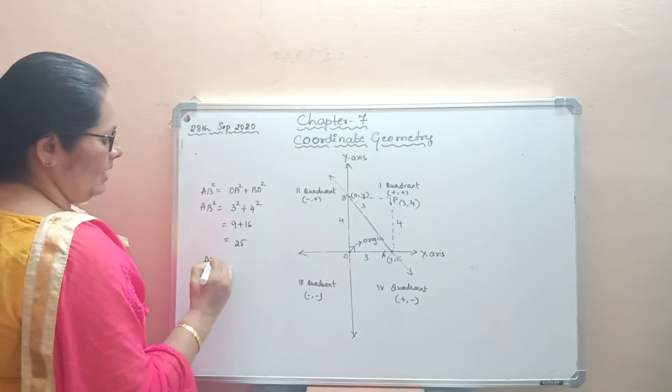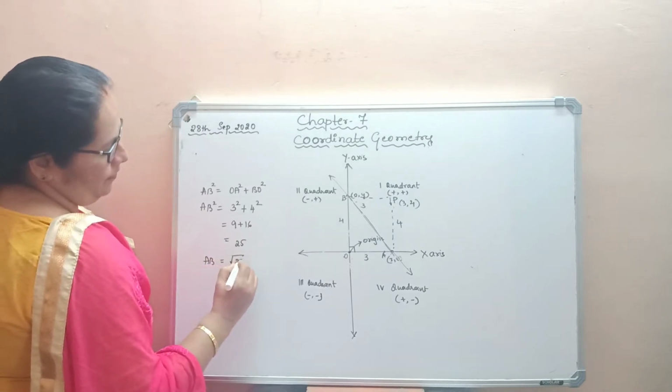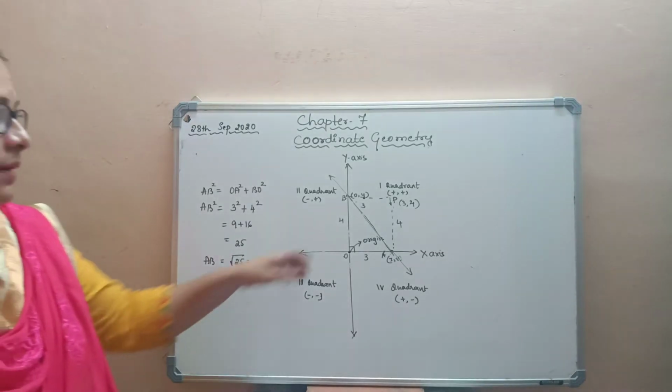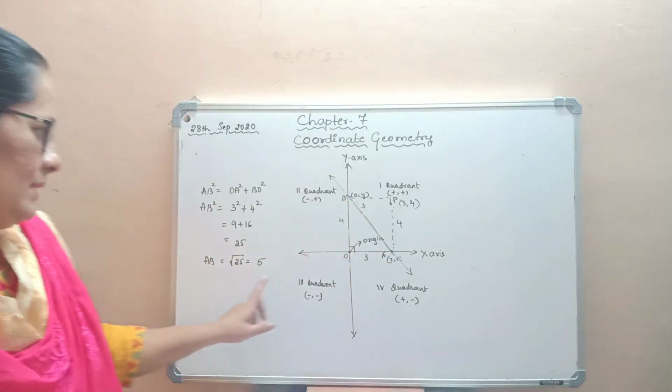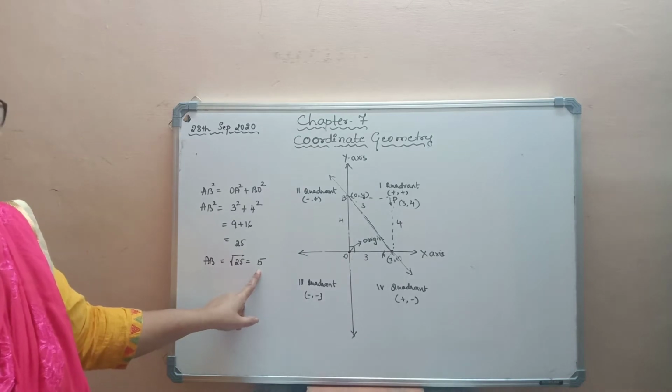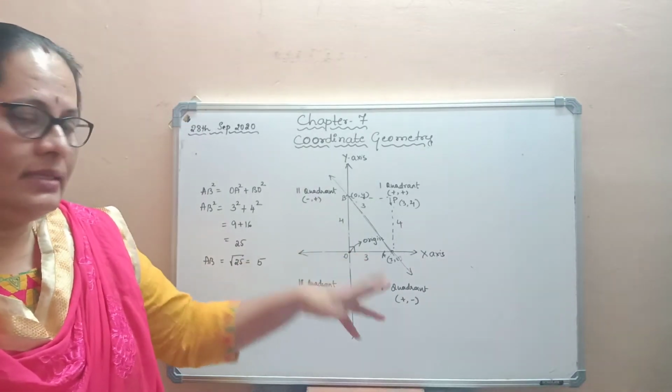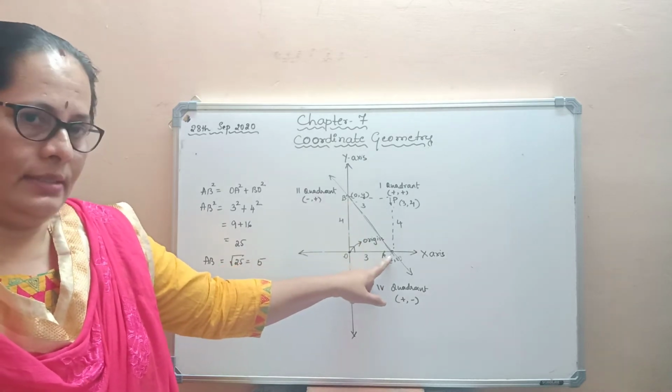So AB equals root of 25, that is 5 units. So the distance between the 2 points is 5 units. Like this, using the Pythagoras theorem, we can find the distance between the 2 points.